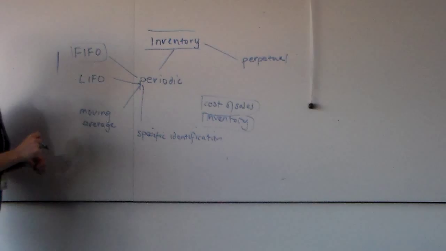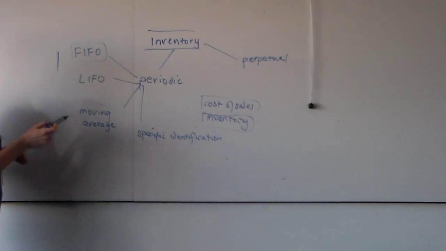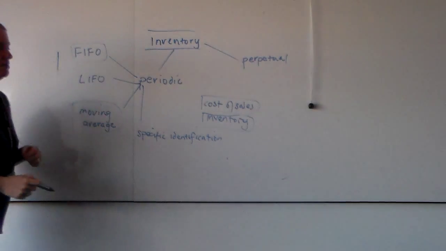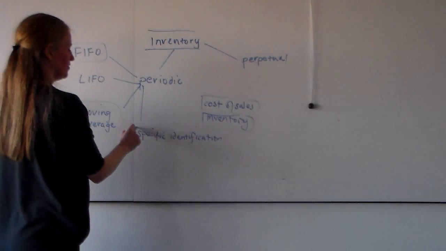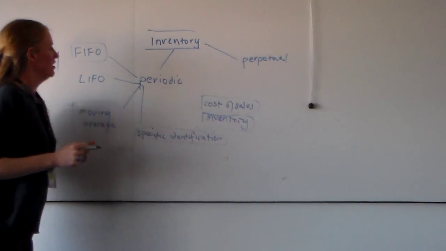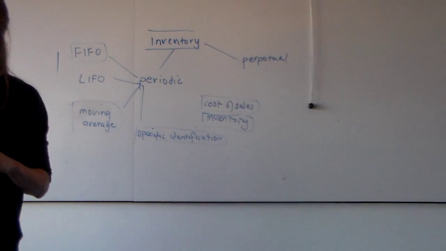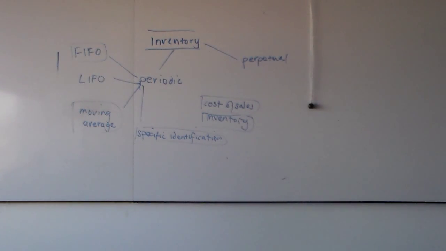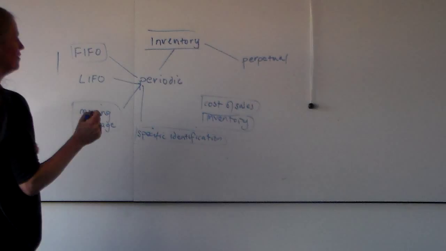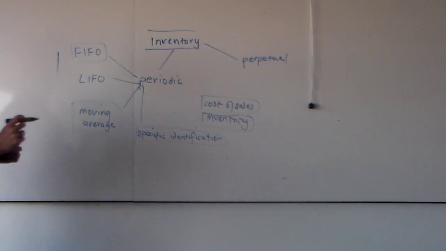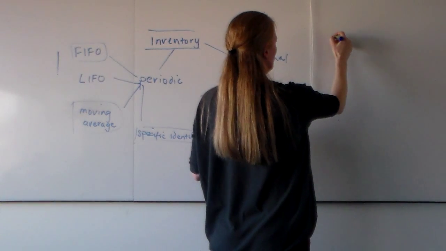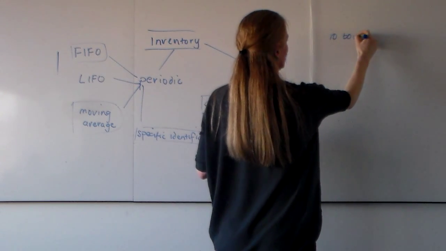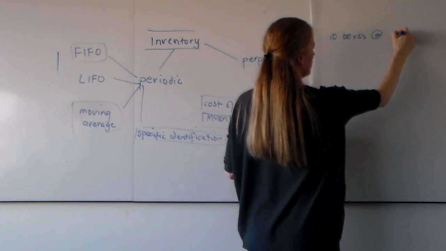Are you using what we call the FIFO method, the LIFO method, the weighted average method, or a specific identification method? FIFO, what is FIFO short for? First in, first out. So for example, say I purchase 10 boxes at $3 each.